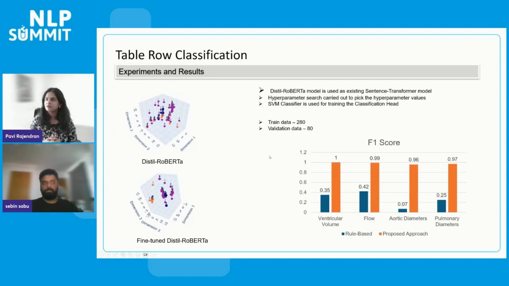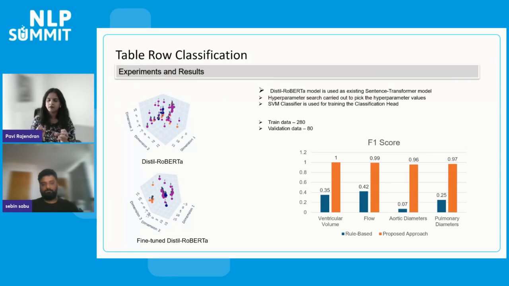In terms of the experiments and results, we experimented with different sentence transformers, but for our example, we found that the DistilRoBERTa model was able to provide the best performance. We also used a hyperparameter search to pick the best hyperparameter values. For the classification head, we used the SVM classifier.